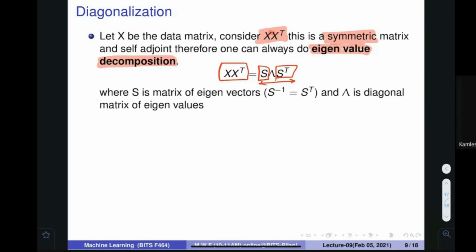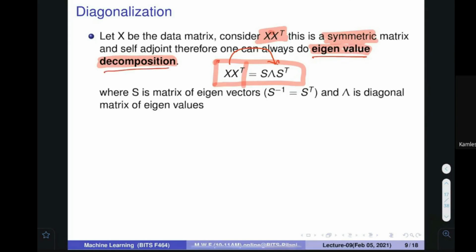I would not go into much mathematical detail over here. What I wanted to tell you is a very simplified thing. I just want to make you comfortable that for a given matrix, you can do the eigenvalue decomposition, and it has a property that there is a matrix S, the first matrix, which contains the eigenvectors.